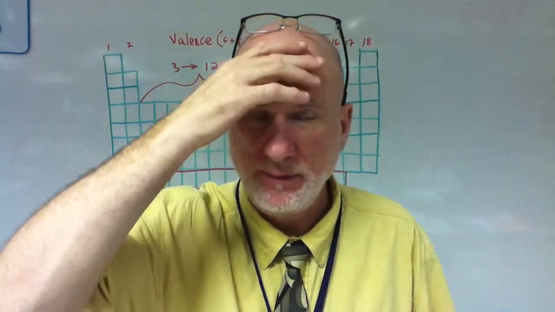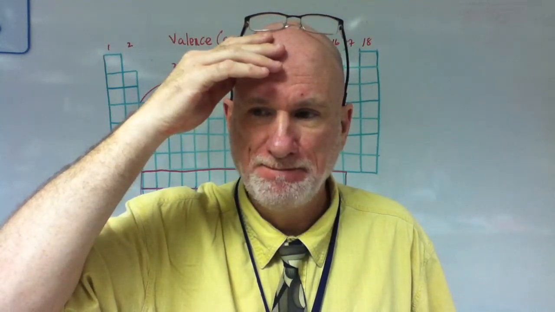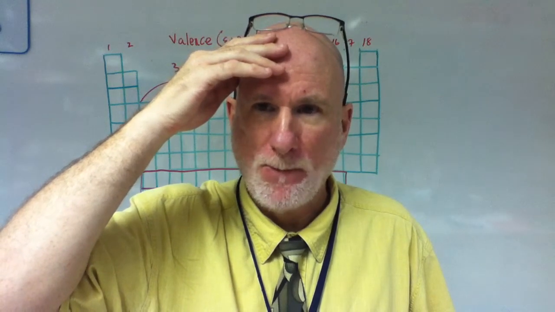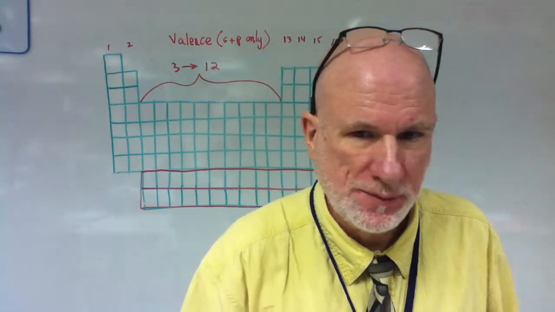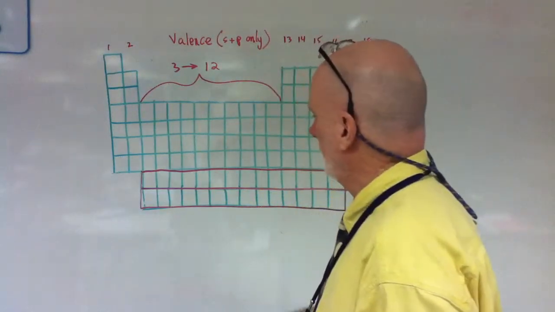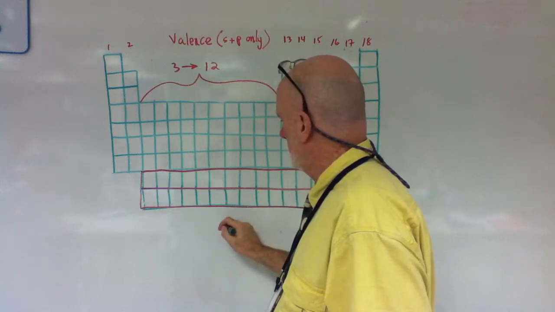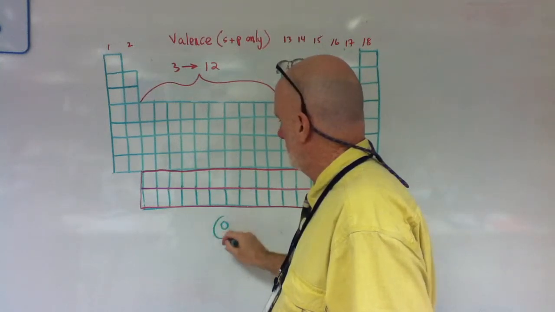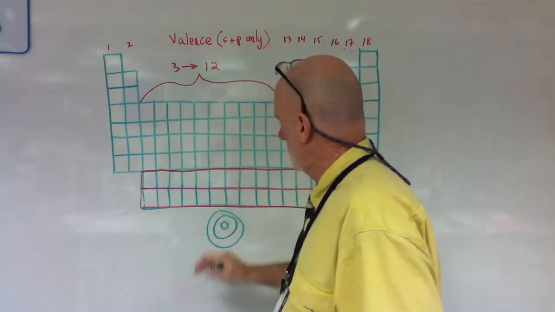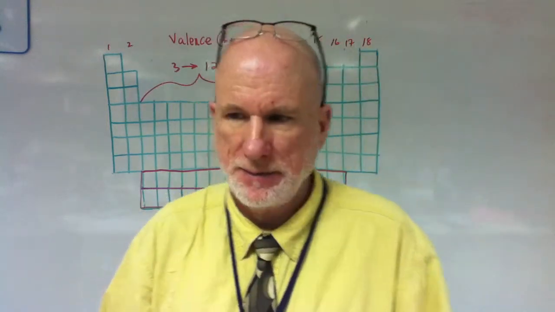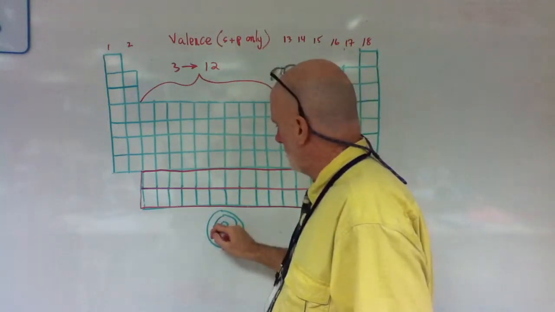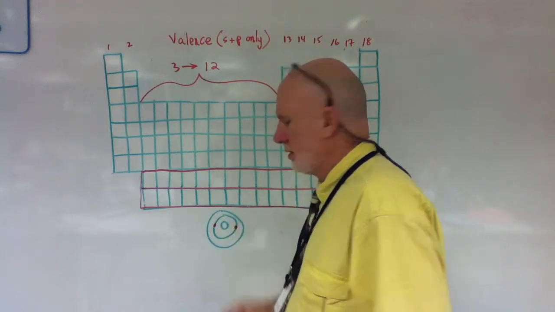Okay, now, so let's talk about ions. All right, now. This is what happens. Are you ready? Now. Neon. Write this down. Neon has two electrons in the first shell. That's made of the 1s, right?